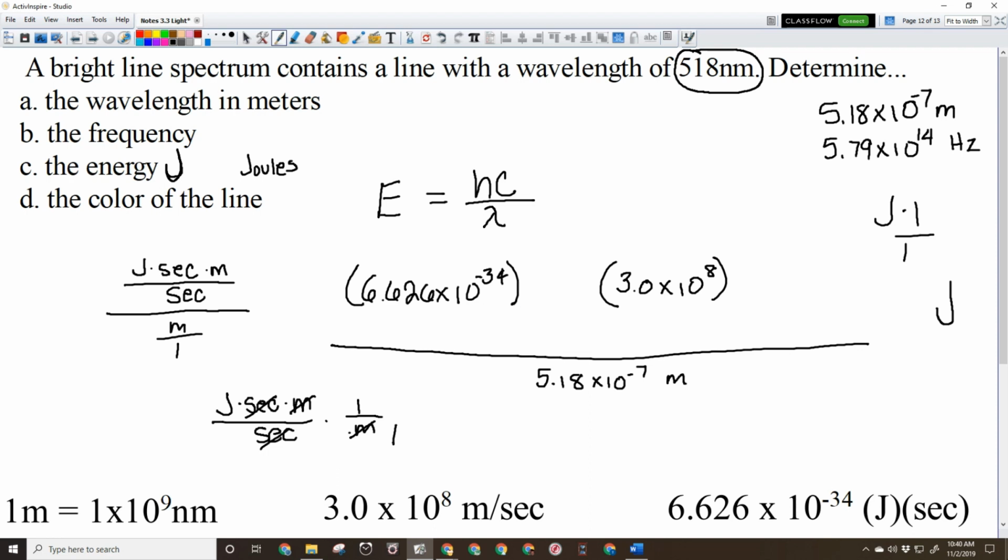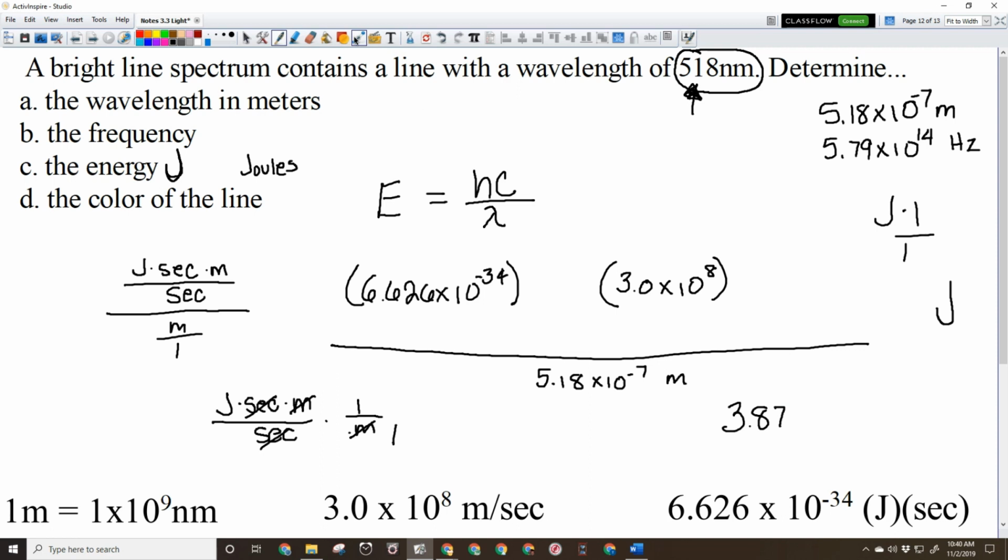Going to get 3.87. Let's see, I'll write it right here. 3.87. And these are all 3 sig figs, because our original data is 3 sig figs.